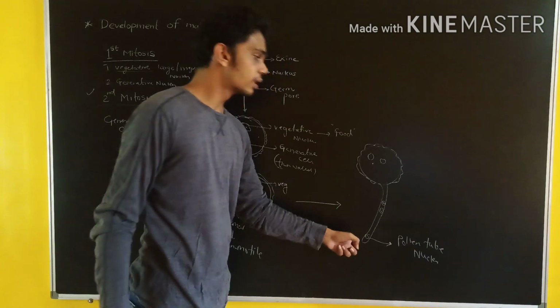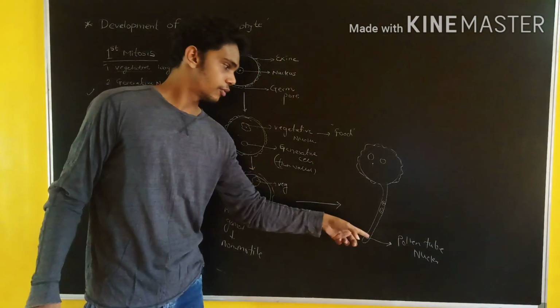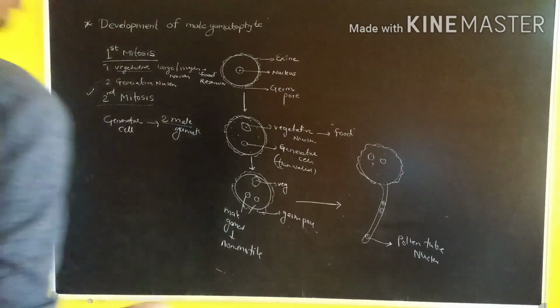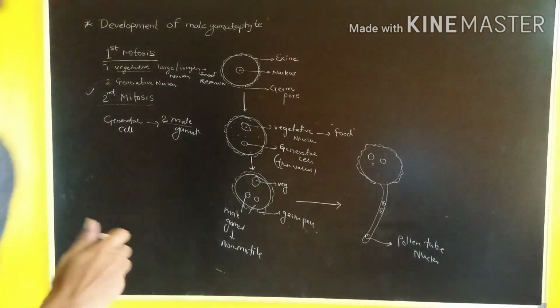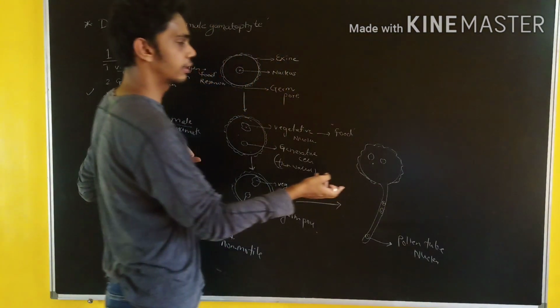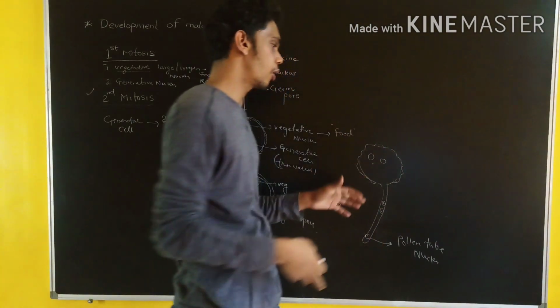So the pollen tube nucleus acts as a guidance for the emerging of the pollen tube. This nucleus acts as a guidance for the direction of the fertilization, where the ovule is present, where the ovary is present, and it goes into the ovary.